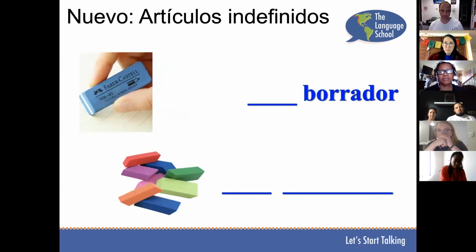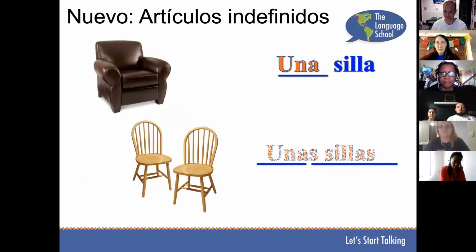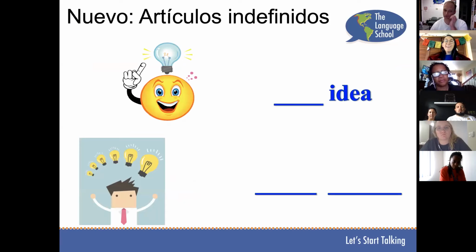Daisy? Un borrador and unos borradores. Muy bien. Andrea? Una silla. Unas sillas. Y Orlando? Una idea.